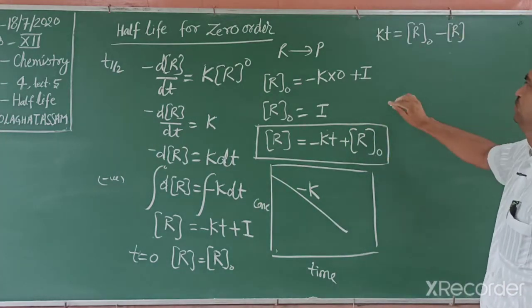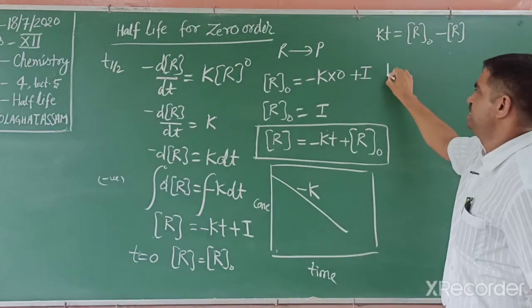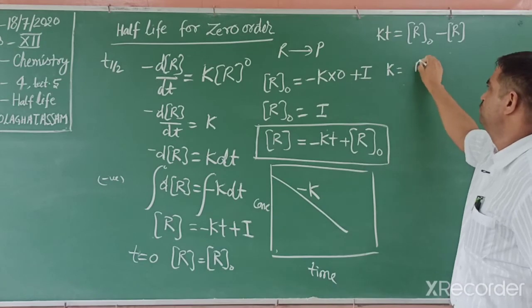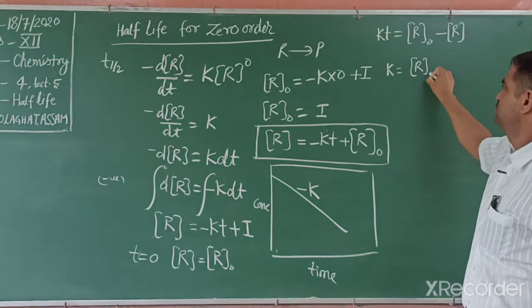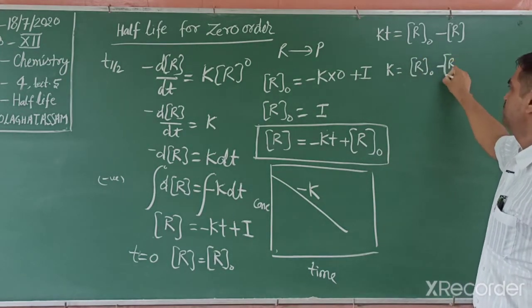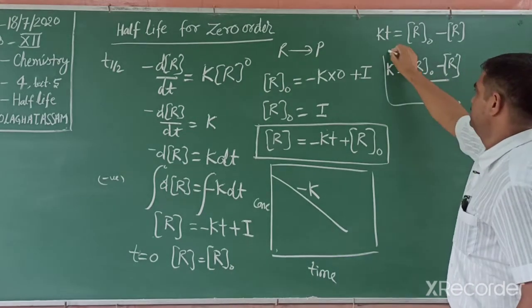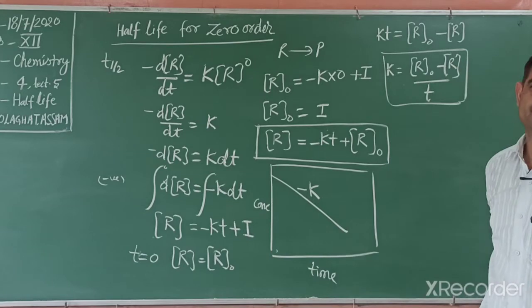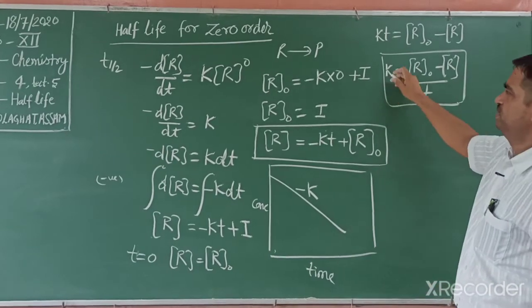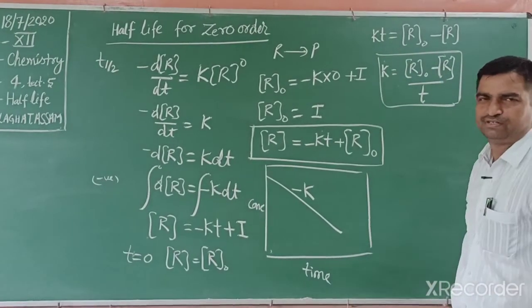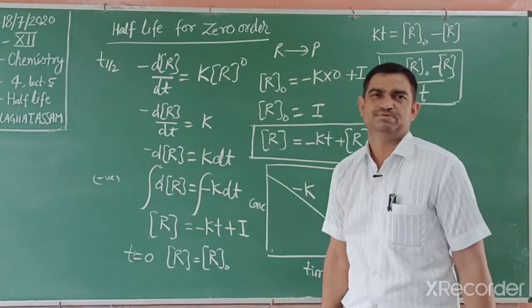So further I want to write k is equal to R naught minus R divided by t. This one is zero order reaction and we find out by this the rate constant. Now half-life.